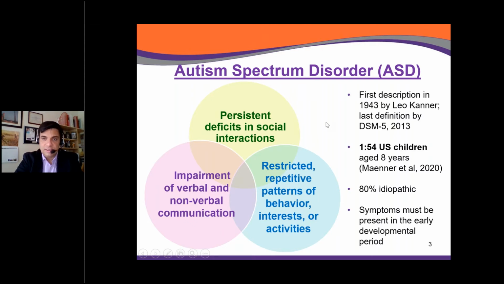This is a relatively young disorder as compared to other frequent conditions. It has been described almost 80 years ago now, but the definition has been constantly object of reconsideration, and the latest one is the one by the DSM-5 in 2013.